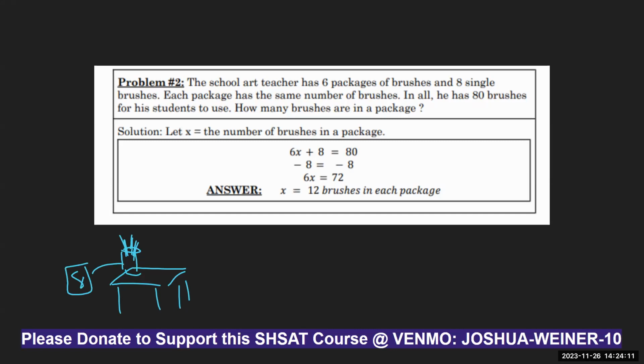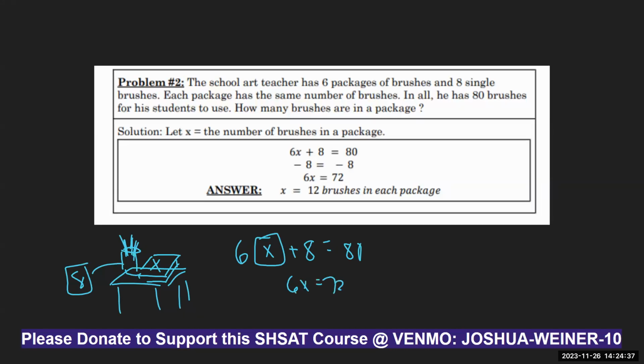But then he has a package from the store, and inside each package, there's X number of brushes when he goes and buys them at the store. Well, he has 6 of these packages with X inside, plus 8 already on the table, and that equals 80 brushes that he needs for class. Subtract 8 from both sides, we get 6x equals 72.